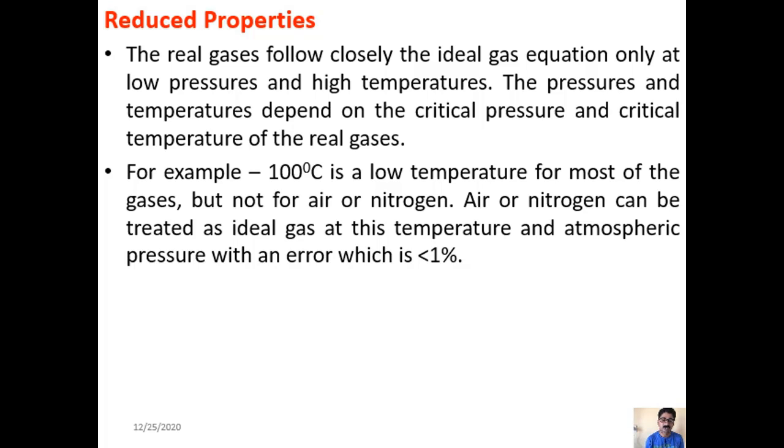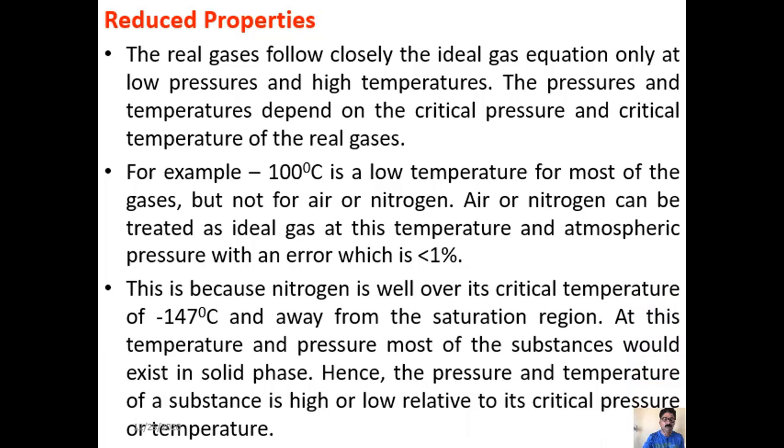Because air or nitrogen can be treated as an ideal gas at this temperature and atmospheric pressure with an error which is less than 1%. The reason is that nitrogen is well over the critical temperature of minus 147 degrees Celsius. You see, the critical temperature of nitrogen itself is minus 147. So how can minus 100 become a low temperature for nitrogen? It is not possible, right?